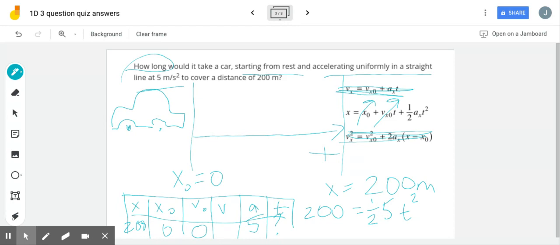What we get is 400 divided by 5 is 80, equals t squared. So t is equal to the square root of 80, which I perhaps should have done before I started making this video. It is 8.9 seconds. I believe you probably used an answer of 9 seconds because I think that's what it said on the quiz.